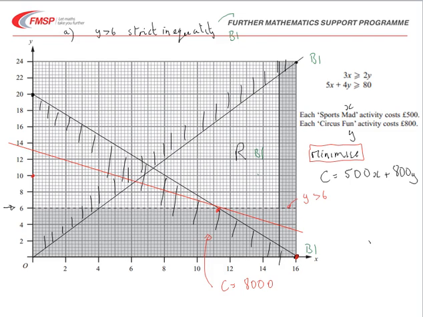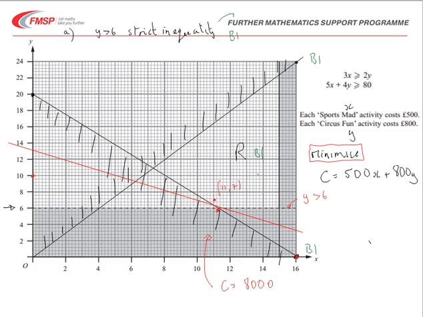So we can't actually use points which are on the line, but our closest one is this value here. If you look at the scaling on there, we've got therefore an x value of 11 and a y value of 7.